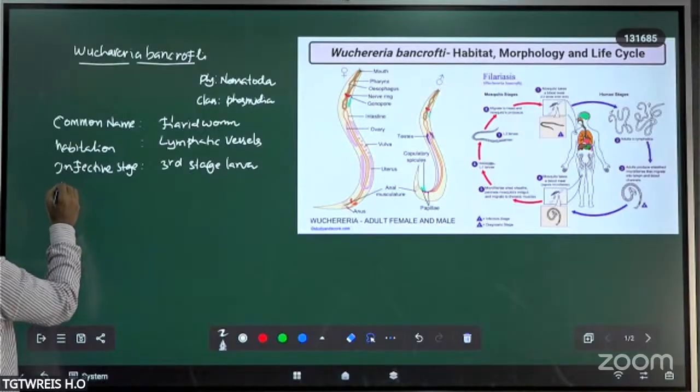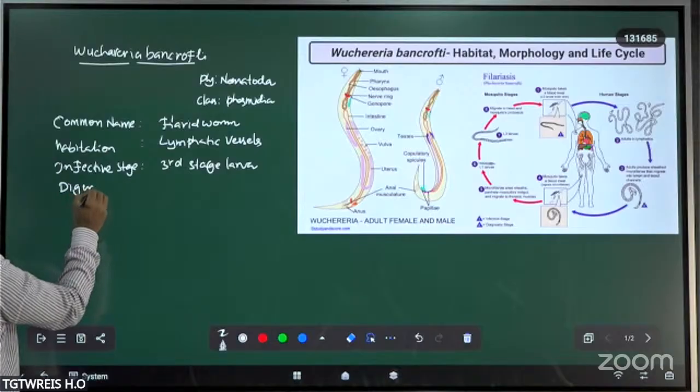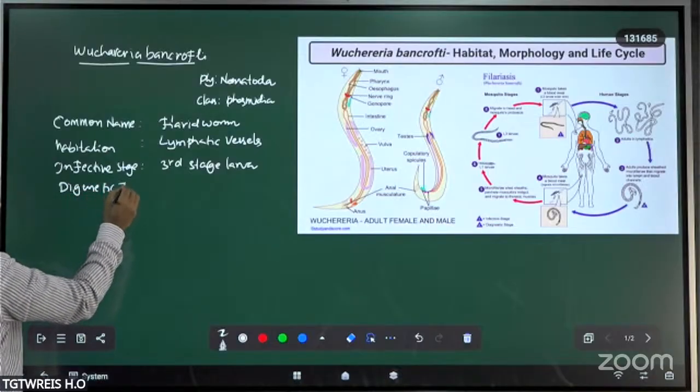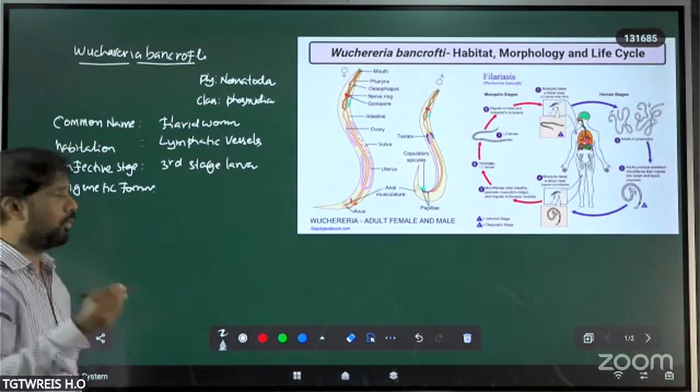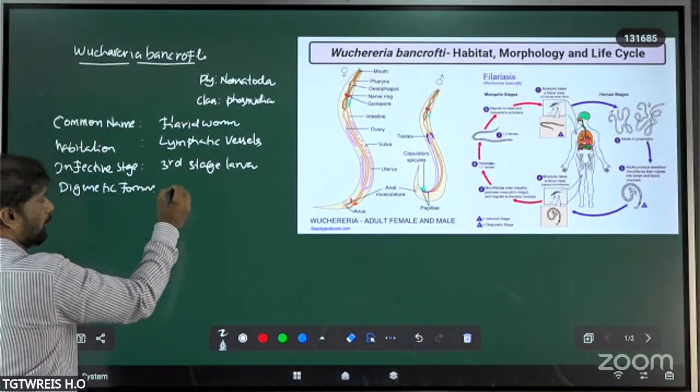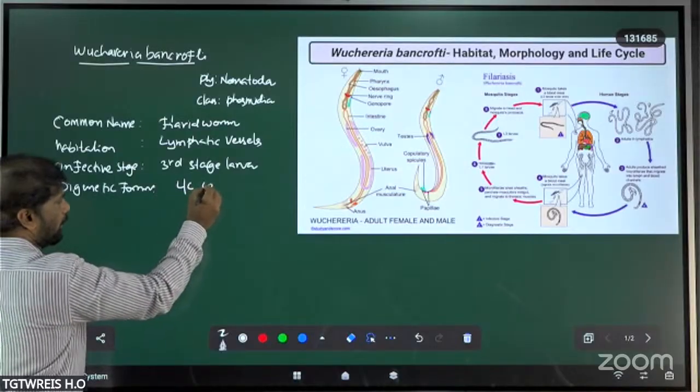It is a digenetic form. Digenetic form means it completes the life cycle in two hosts.